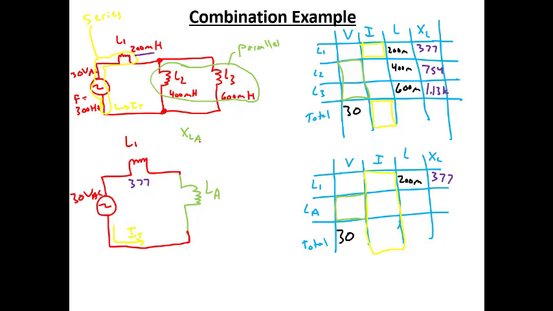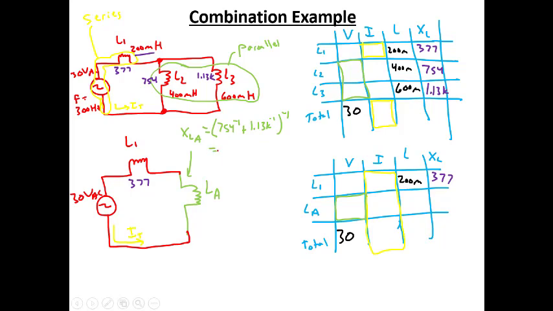Now we need to find next X sub L A, which would be the inductive reactance of X sub L A. So if I go back and maybe I'll try to sketch these in here. So this is 377, this is 754, and this is 1.13 K. So I can find the inductive reactance of these two in parallel by taking 754 to the negative 1 plus 1.13 K to the negative 1.